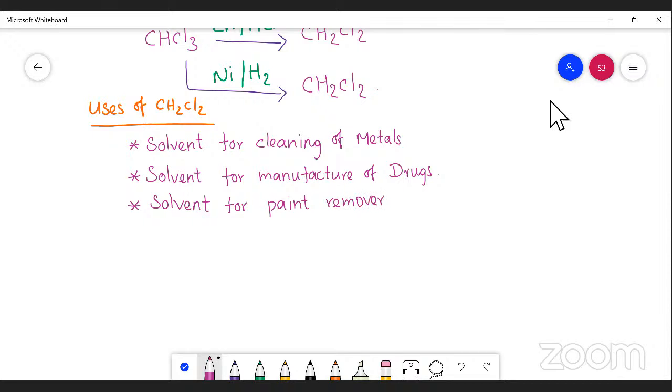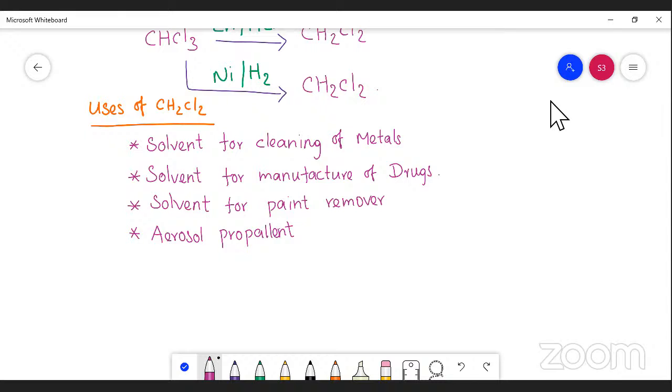And it is used as an aerosol propellant. Okay, so these act as aerosol propellants.